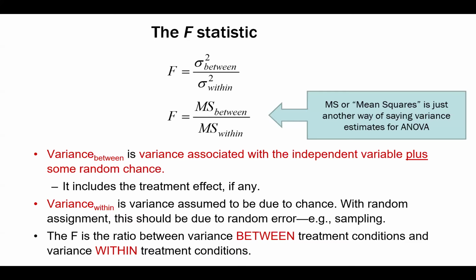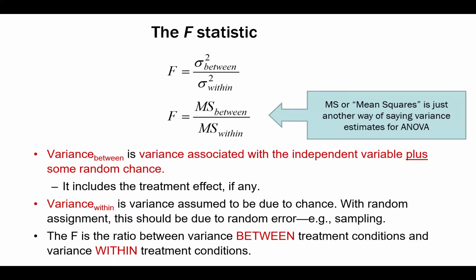So the numerator term is the variance associated with the independent variable, with group membership, plus some component of random chance. It includes the treatment effect, and that's what you hope will be large. The variance within is the variance assumed to be due to random chance. And F is a ratio.